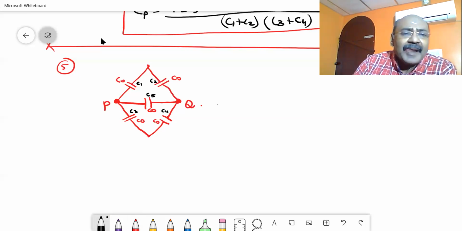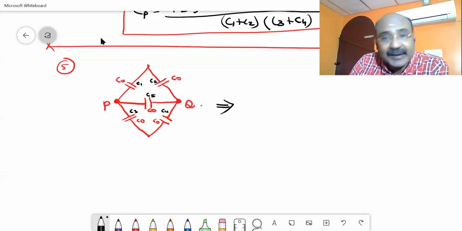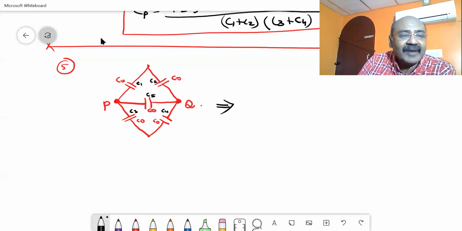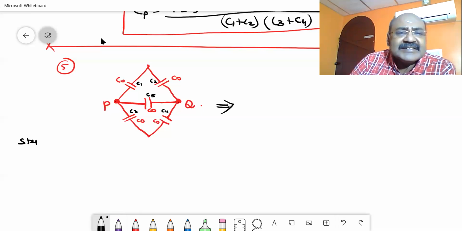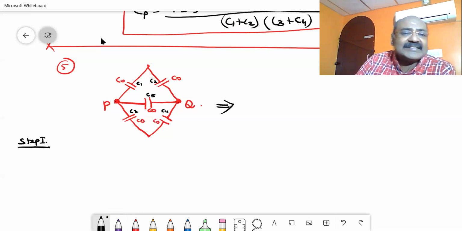So what is step 1? Across P and Q, the effective capacitance is calculated. Step 1: because we have a situation like the previous problem across RS, we can consider C1 and C2 in series.